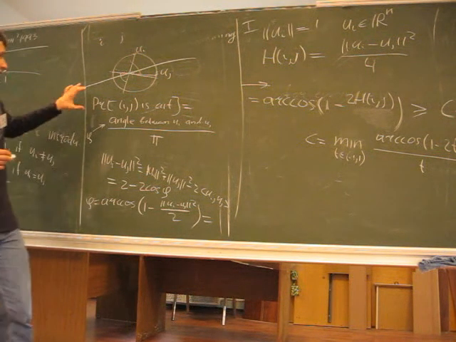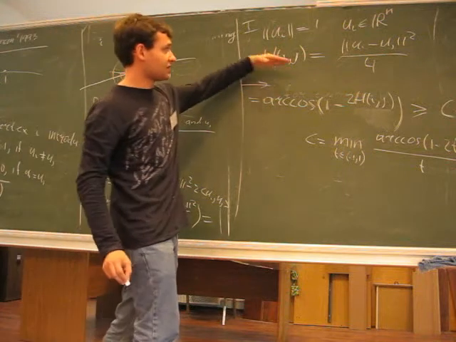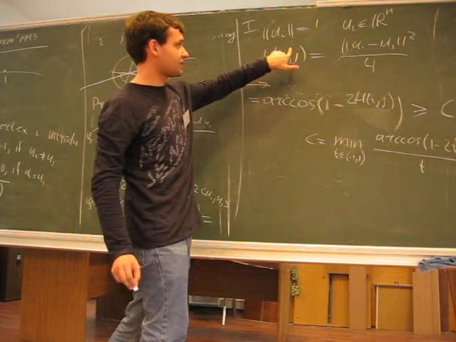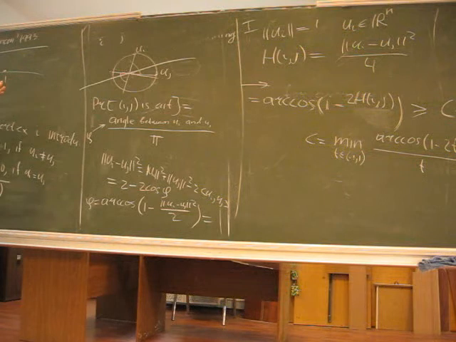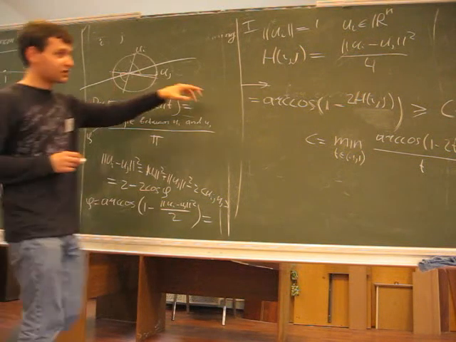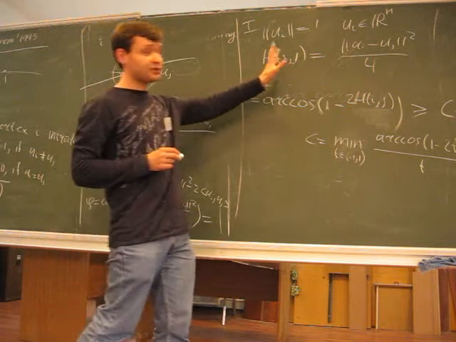So the probability that we cut an edge is proportional to the contribution of this edge to the objective function. The expected number of cut edges is proportional, with this C over pi, to the objective function.